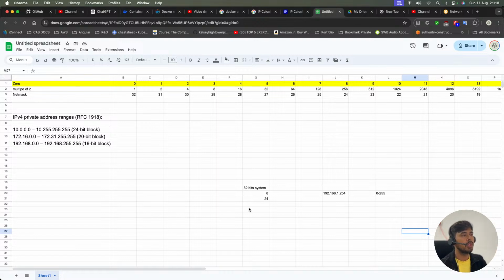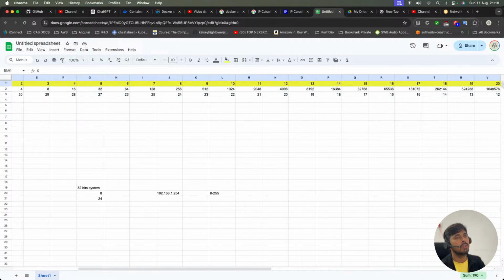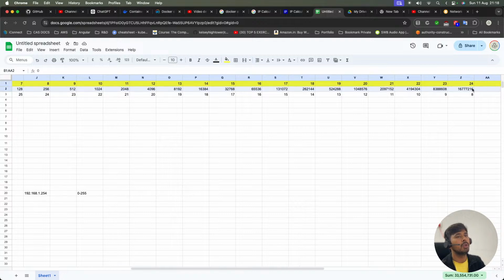If you know the binary system, 2 raised to the power 0 is 1, 2 raised to the power 1 is 2, 2 raised to the power 2 is 4, 2 raised to the power 3 is 8. In a similar way, these are the binary values. If we go till 24, these are the total IPs.